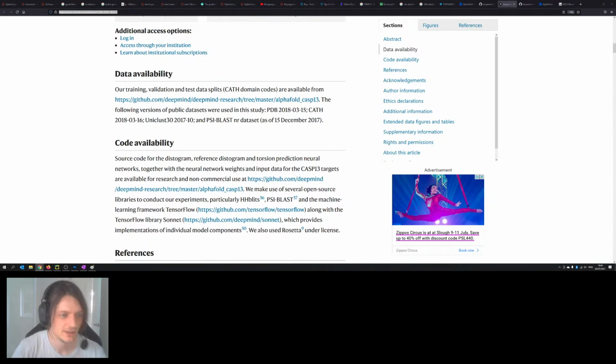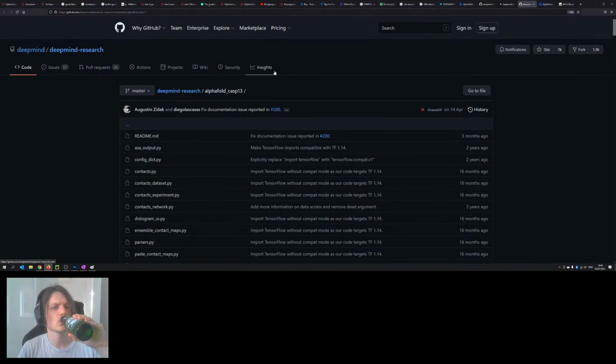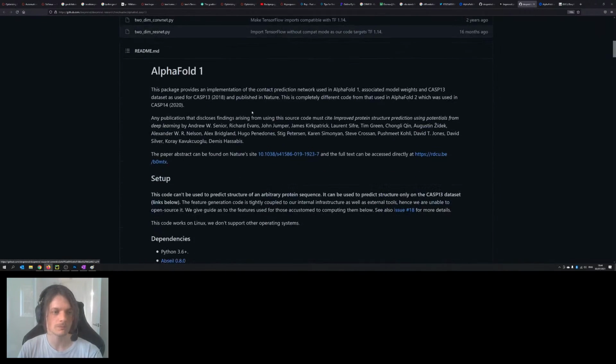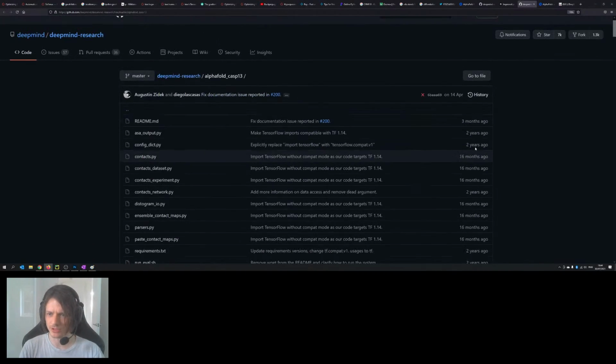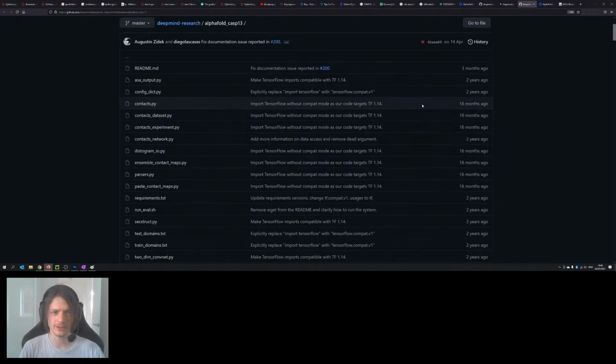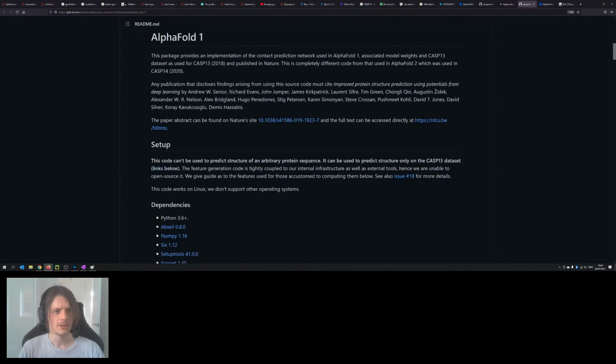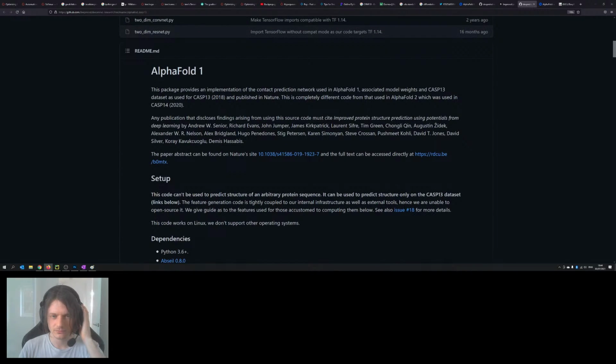Cool, cheers. Okay, right. Let's have a look through that code then. How long? 3 months ago. This is quite old stuff. This package provides an implementation of the contact prediction network using AlphaFold 1, associated model weights and CASP 13 datasets as used for CASP 13 2018 and published in Nature.